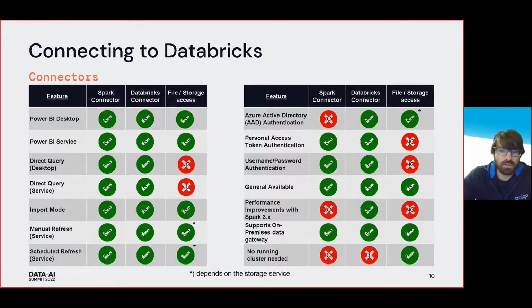And obviously, every improvement that would come with the new Spark version is also not usable by the file and storage access, because there is actually no Spark involved. But on the plus side, you do not need an actual cluster up and running all the time, which can save a lot of costs actually, or even simplify your architecture.